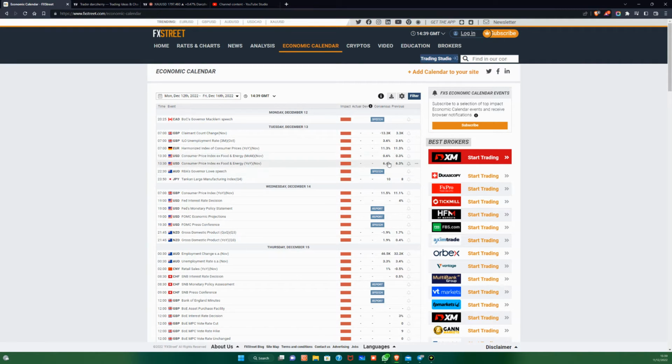And it looks as though there is a positivity in the air for the US dollar as the consensus here is expecting something slightly higher than the previous reading. For instance, look at this 0.3, and the consensus is projecting that 0.6% could be what we'll be looking forward to. So let's see how this is going to play out during the course of the week.